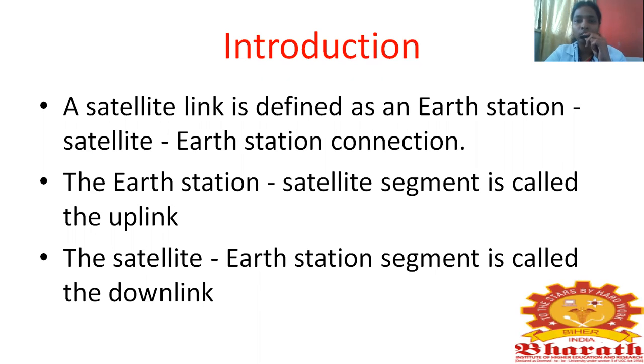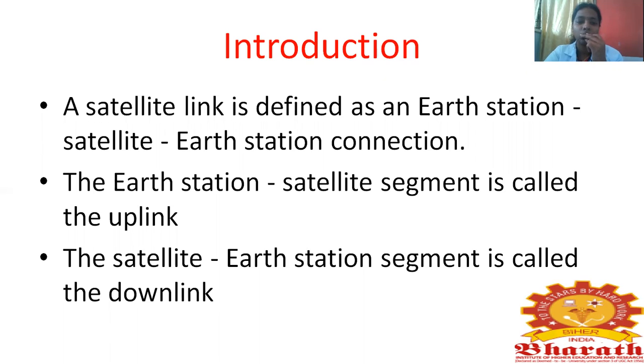A base station is nothing but an antenna present on the ground, and from there you send the signal to the satellite. The Earth station to satellite segment is called an uplink, meaning when you send information from the Earth station to the satellite, it is an uplink. It can be either from the base station to the satellite or from some other mobile station to the satellite.